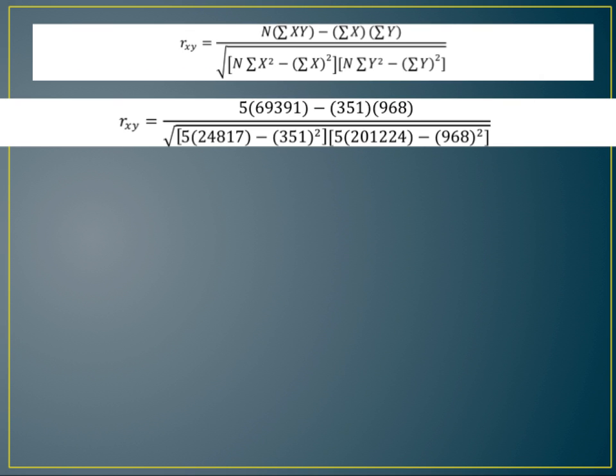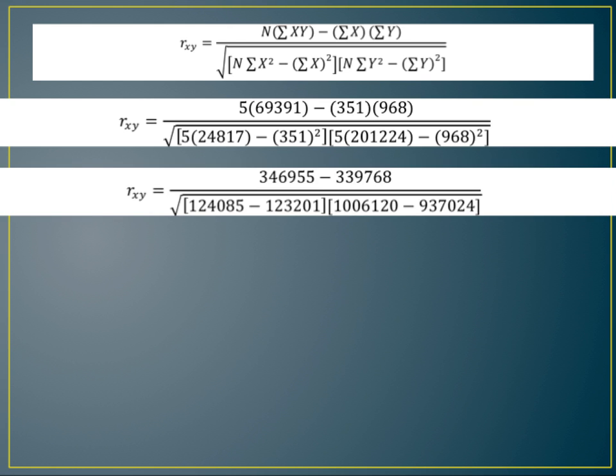We're going to work through it step by step. So we have our equation at the top. We have our values plugged in. Well, now we're just going to do step by step. So 5 times 69,391 is 346,955. Subtracted, and those two multiplied times each other is this value, 339,768. 5 times 24,817 is 124,085.